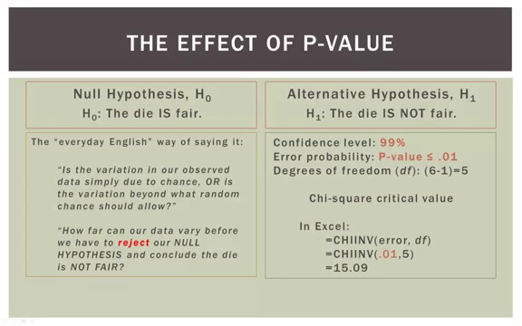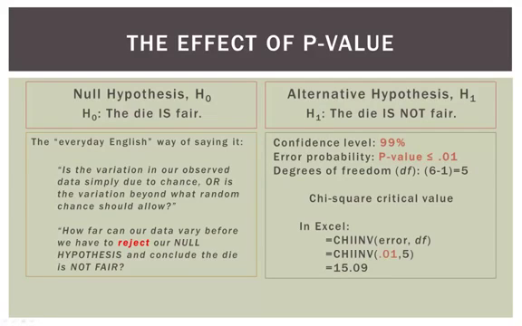Now, degrees of freedom are the same. For the chi-square, we changed our p-value, so we're going to have a new critical value. When we put this into Excel, we change that to 0.01. Degrees of freedom are 5. Now, our critical value is 15.09. Remember, last time it was a little bit over 11.